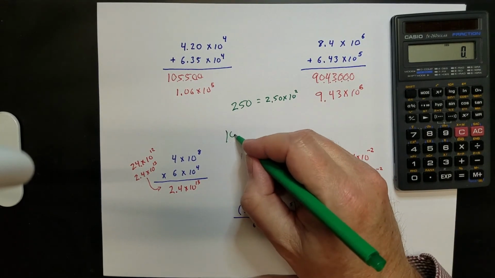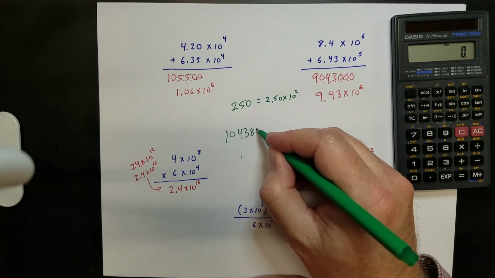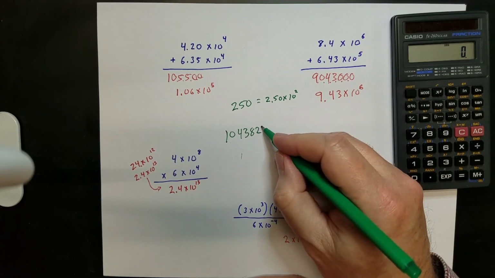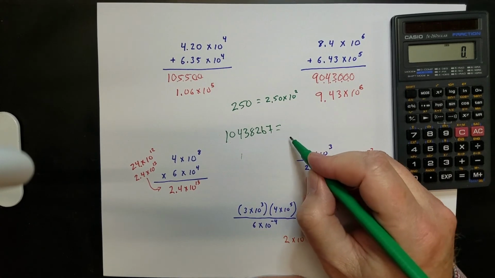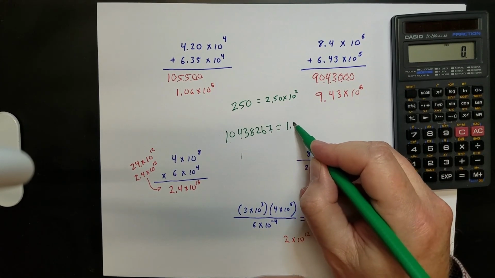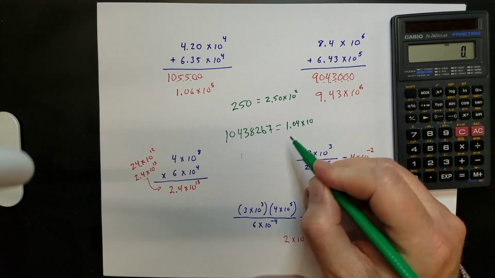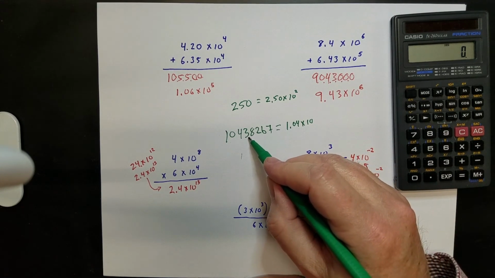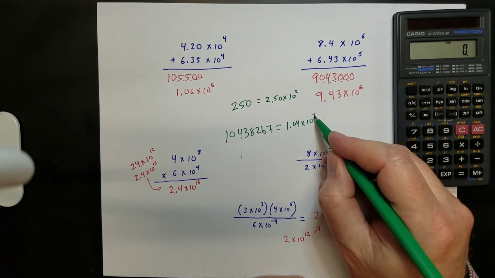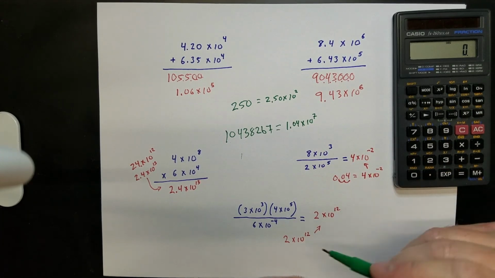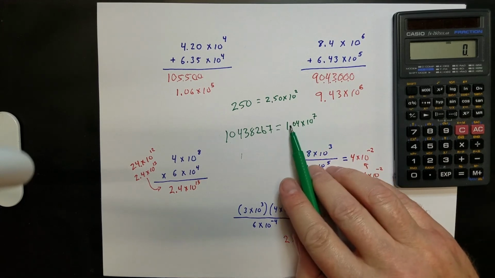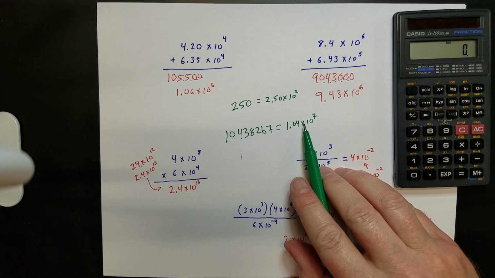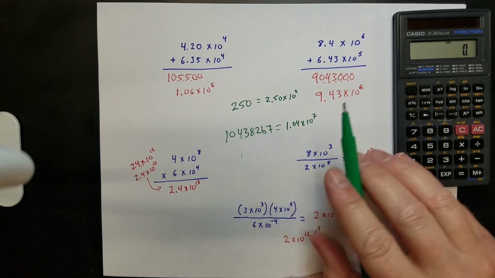But I would definitely put that in scientific notation. And so we get 1.04 times 10 to the 1, 2, 3, 4, 5, 6, 7, seventh power. So it's kind of a personal preference, but I go by if it actually takes up less physical space on the paper, put it in scientific notation. If it doesn't, then leave it as a regular number.